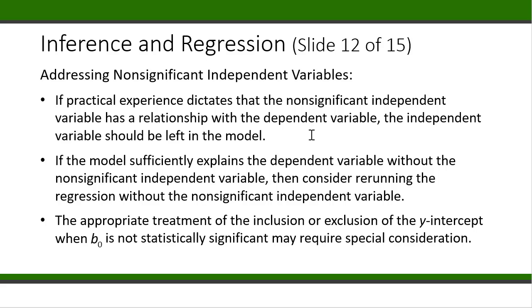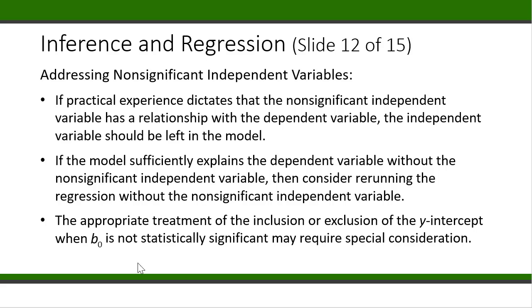Another thing you might consider doing is that if the model explains the dependent variable without the non-significant independent variable, then take it out and run the model again and see what your results are.